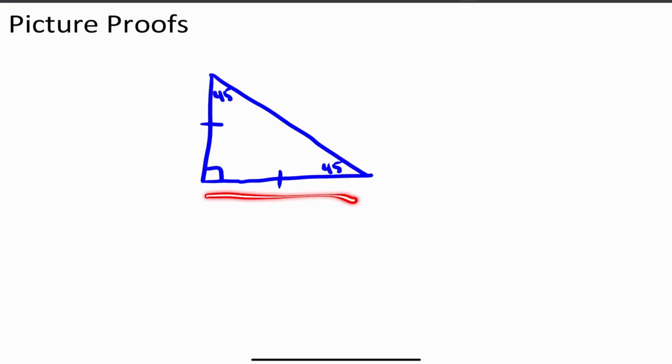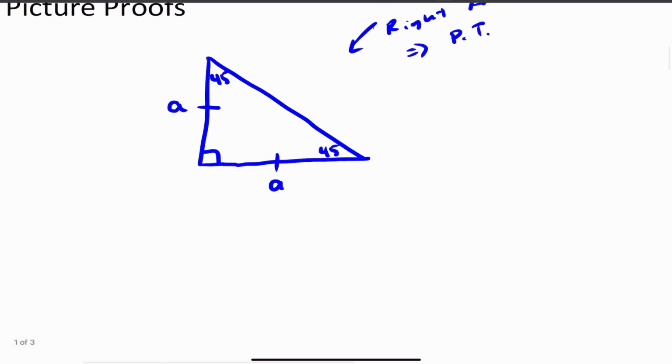This side here is our unknown. I'm going to call that A. So if this here is A, then this here has to be A. But the question is, what is this side here? Well, this is a right triangle, so I'm going to apply the Pythagorean theorem: a squared plus b squared equals c squared.